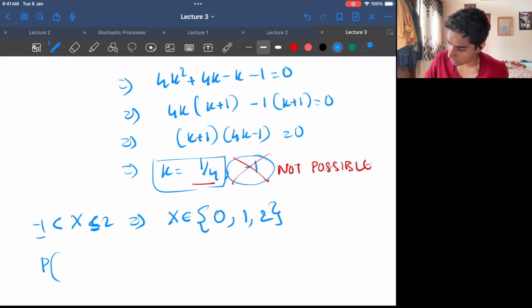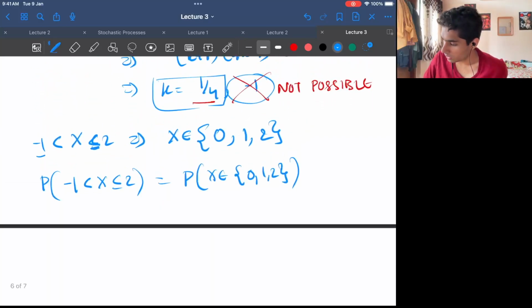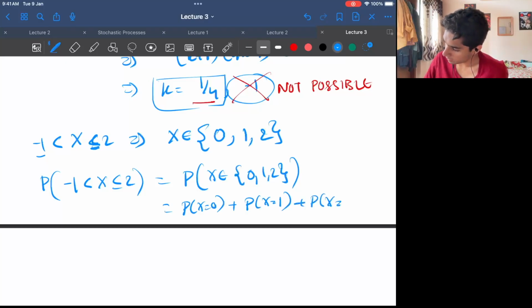So the question that we are being asked, probability of x greater than minus 1 and less than or equal to 2, is equal to the probability of x belonging to this set 0, 1, 2, right? Now what is the probability? That is probability of x equal to 0 plus probability of x equal to 1 plus probability of x equal to 2.